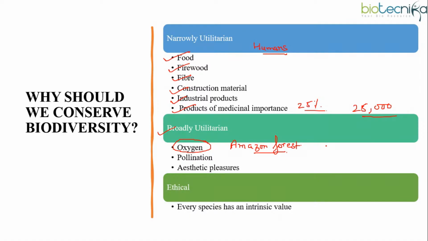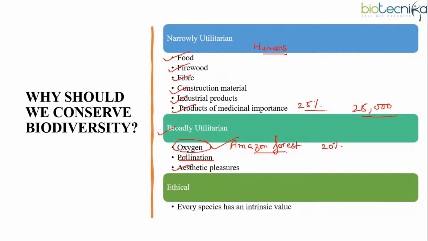It is estimated that 20% of the total oxygen in Earth's atmosphere is produced by this Amazon forest. Then pollination. Pollination is again a very important process, because without it plants cannot give us fruits or seeds. So it's another service the ecosystem provides, right?